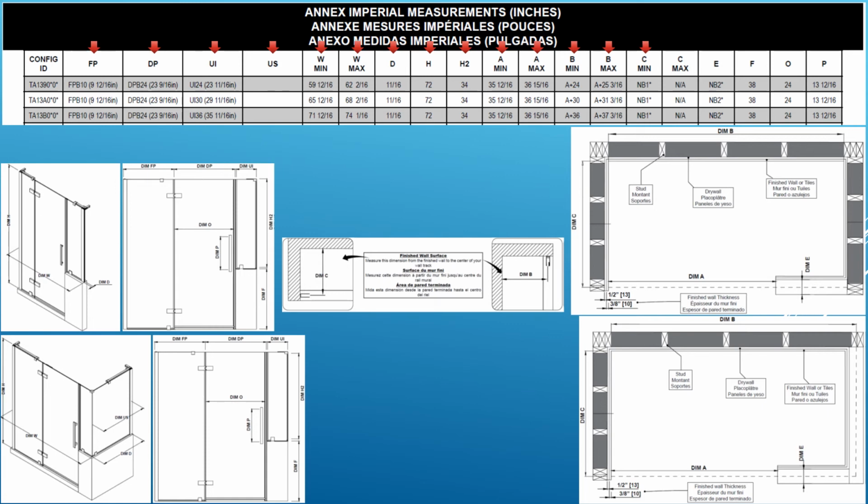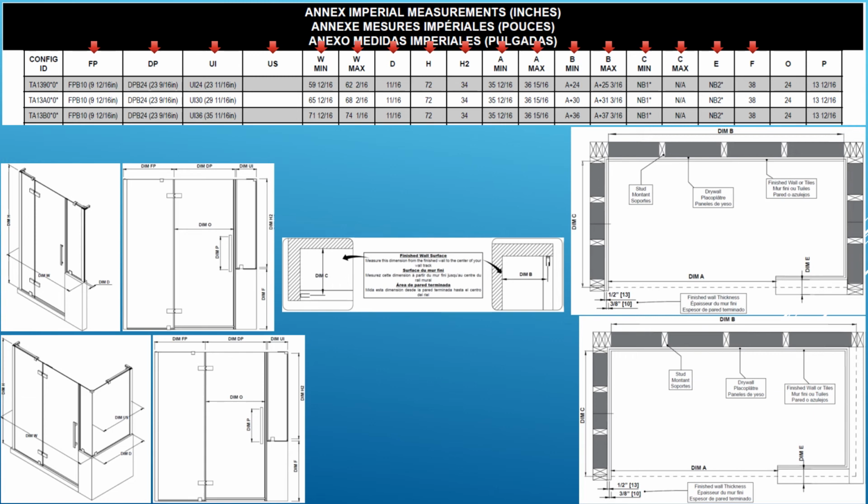C is the front wall track installation distance, which is equal to the distance from the back finished wall to the center of the front wall track. E is the threshold width, which is the door and buttress threshold minimum suggested width, which is 2 3/8 of an inch, 60 millimeters or larger.